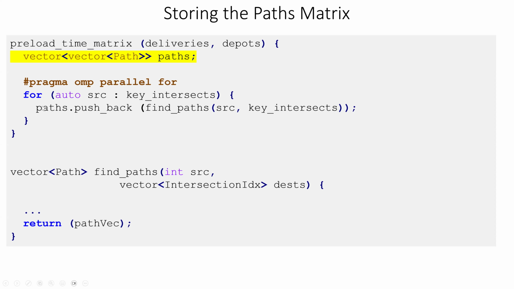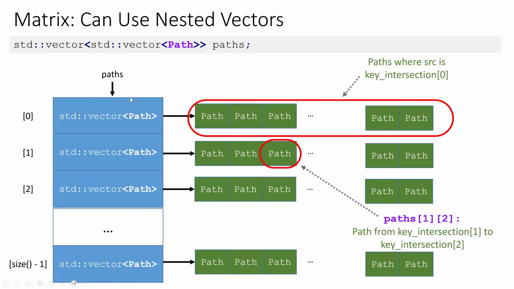I basically am using push_back. So let's see what I'm trying to do. I can store a matrix as nested vectors. You saw this in milestone 1. So the first vector could be the index of our source. The second vector we could access by the index of our destination. And then every entry is a data structure called a path that has a travel time and maybe all the street segments.